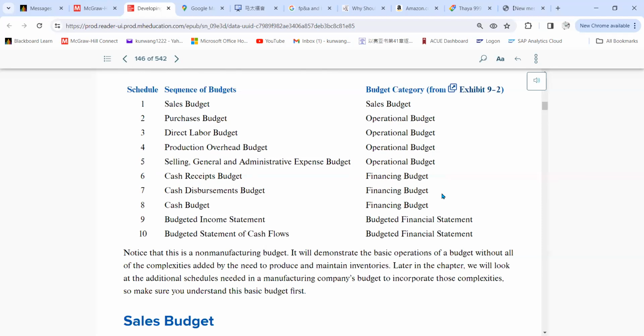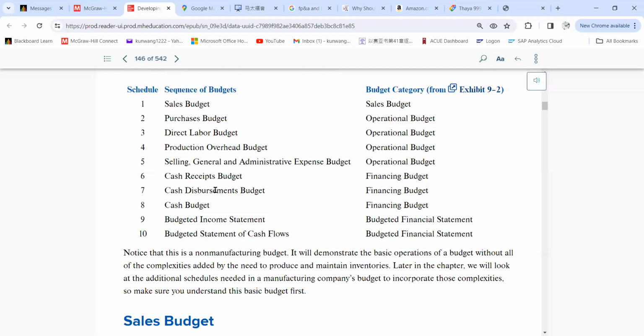Okay, even for equipment purchase or some asset purchase. So the operational data will be converted to the cash receipt budget, cash disbursement budget, and an overall cash budget.